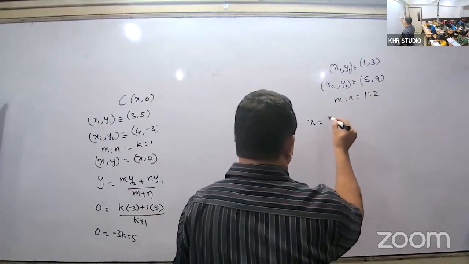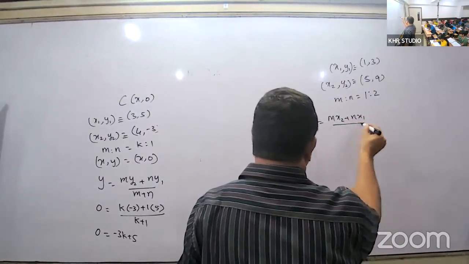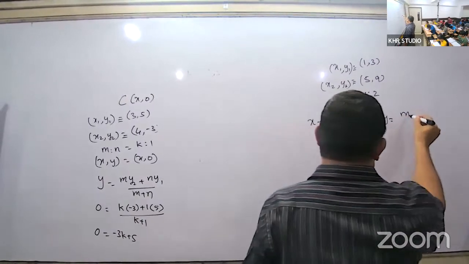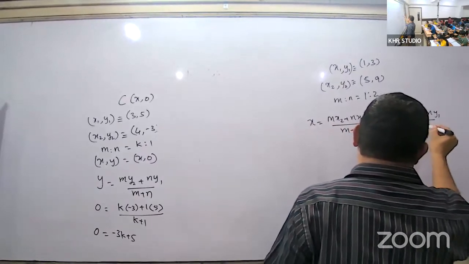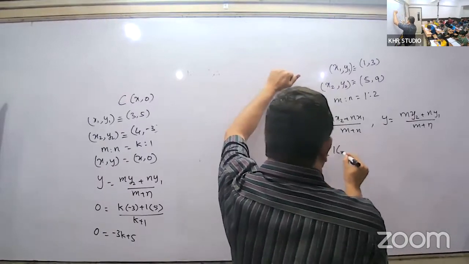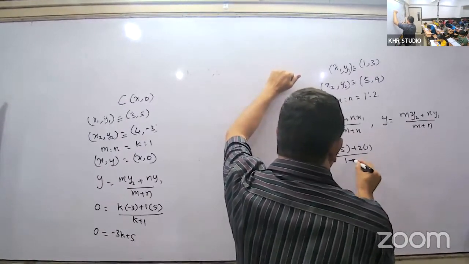x is equal to mx2 plus nx1 divided by m plus n. y is equal to my2 plus ny1 upon m plus n. Carefully substitute: 1 into 5 plus 2 into 1 upon 1 plus 2.